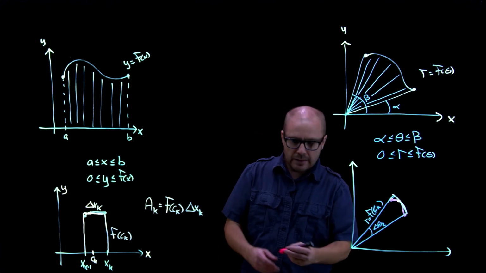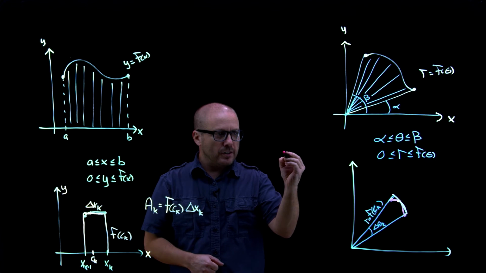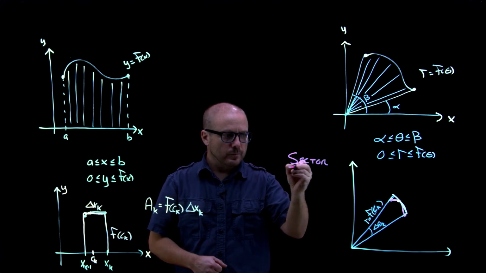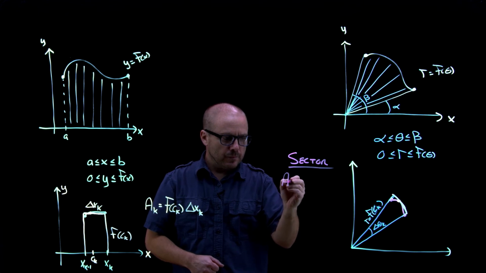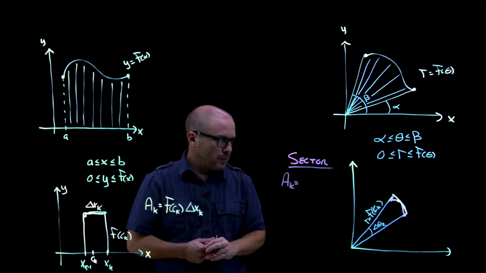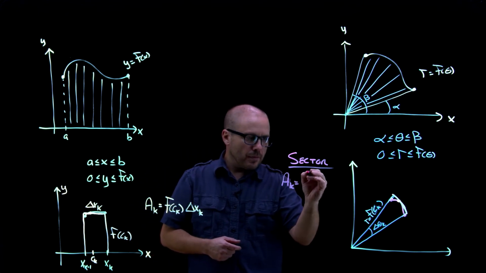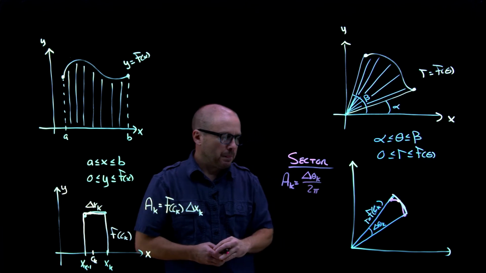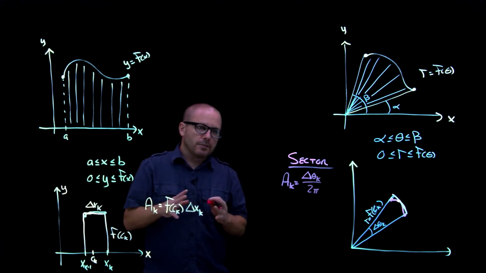So the area there of our sector is this portion of a circle, this much angle out of 2 pi. That's how much of the circle we have.